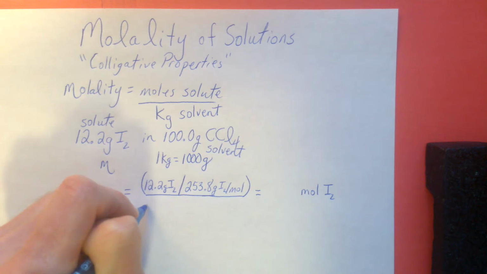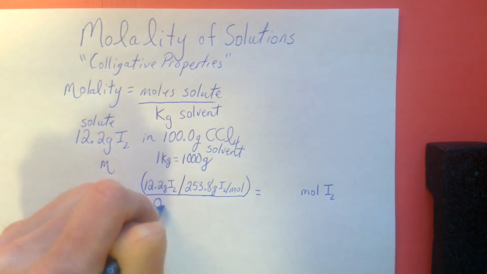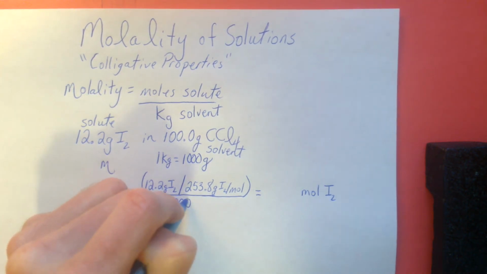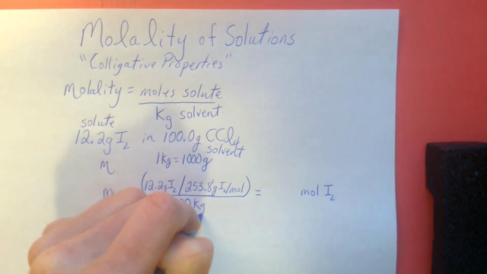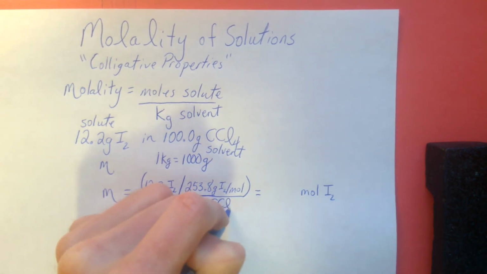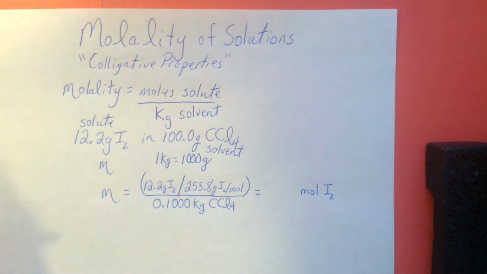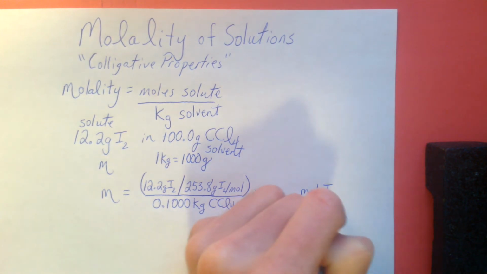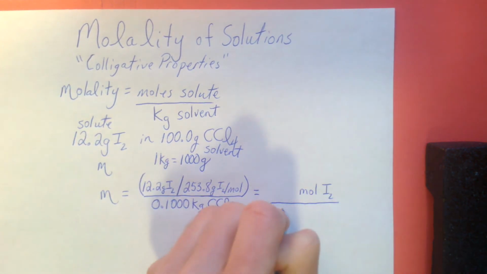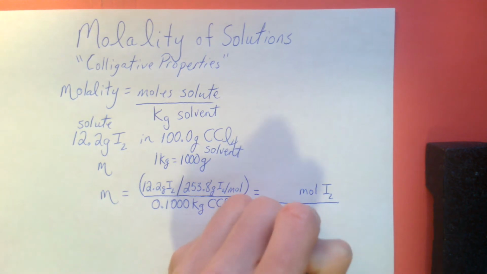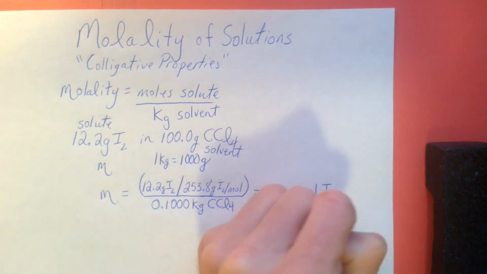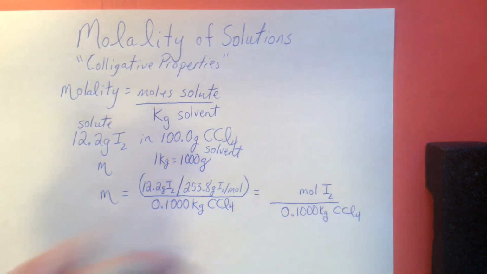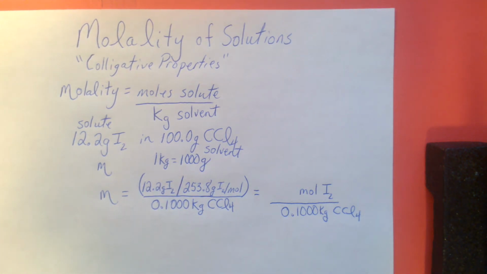So we have 0.1000 kilograms of carbon tetrachloride, CCl4, which is our solvent.